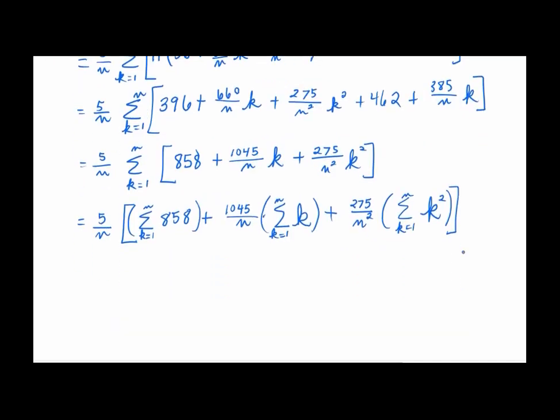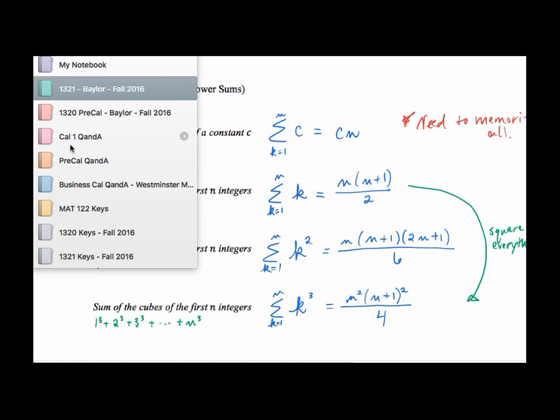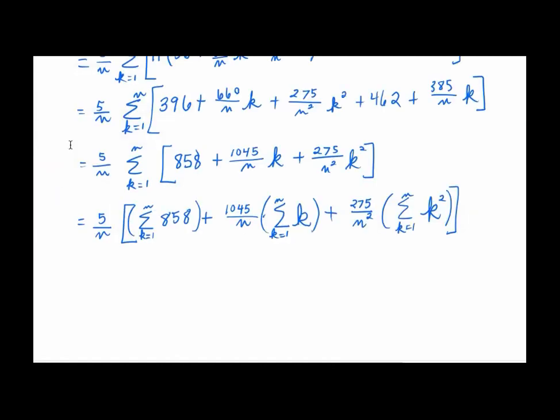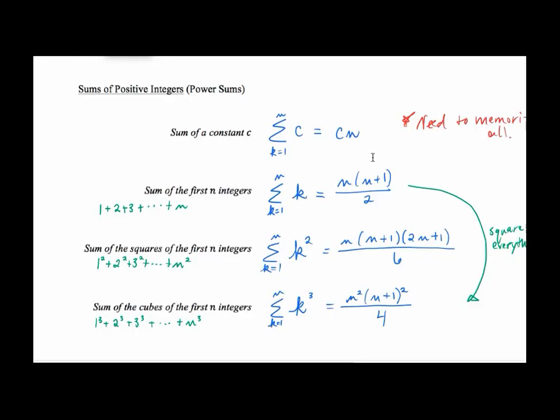And now we can go and apply those power sum formulas. Okay, here are the power sum formulas. So for the first one, we've got the sum of a constant is the constant times the number n. So we'll apply that one first. That's this right here for the sum of 858. So we have 5 over n times 858n plus, for the sum of k, that power sum formula is right here, which is n times n plus 1 over 2.